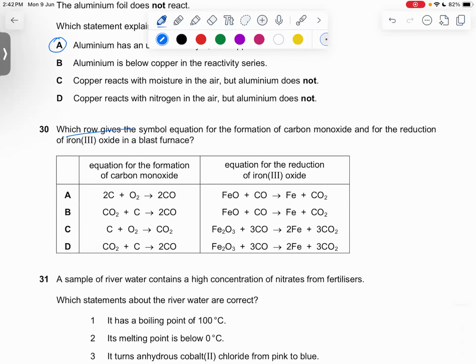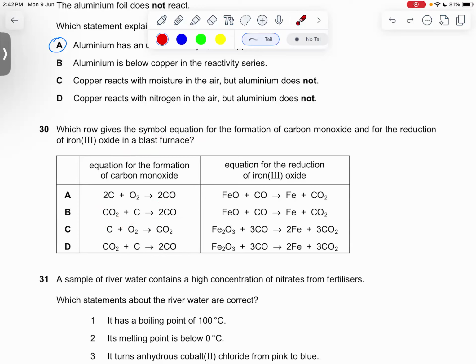Which row gives the symbol equation for the formation of carbon monoxide and for the reduction of iron(III) oxide in a blast furnace? Carbon monoxide is formed when carbon reacts with carbon dioxide to share oxygens, right?